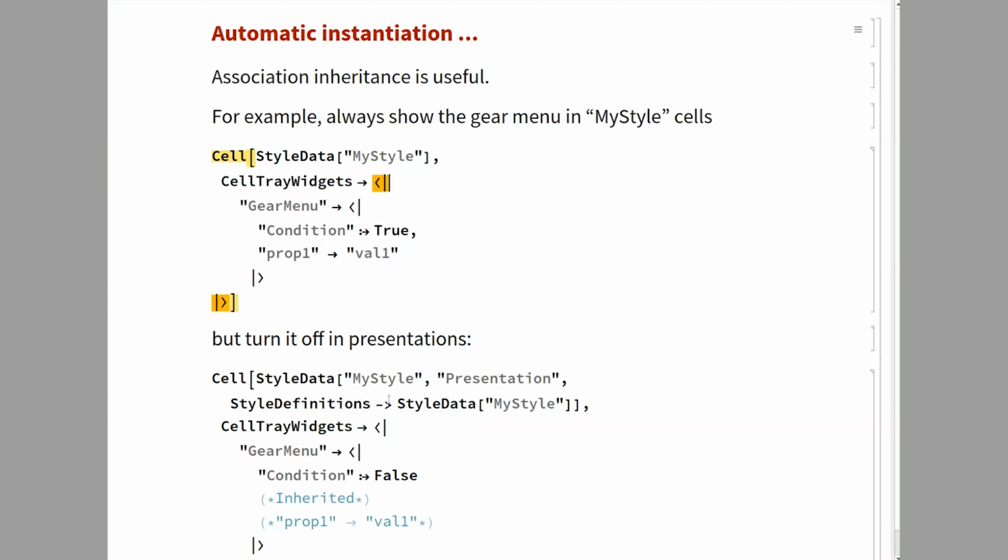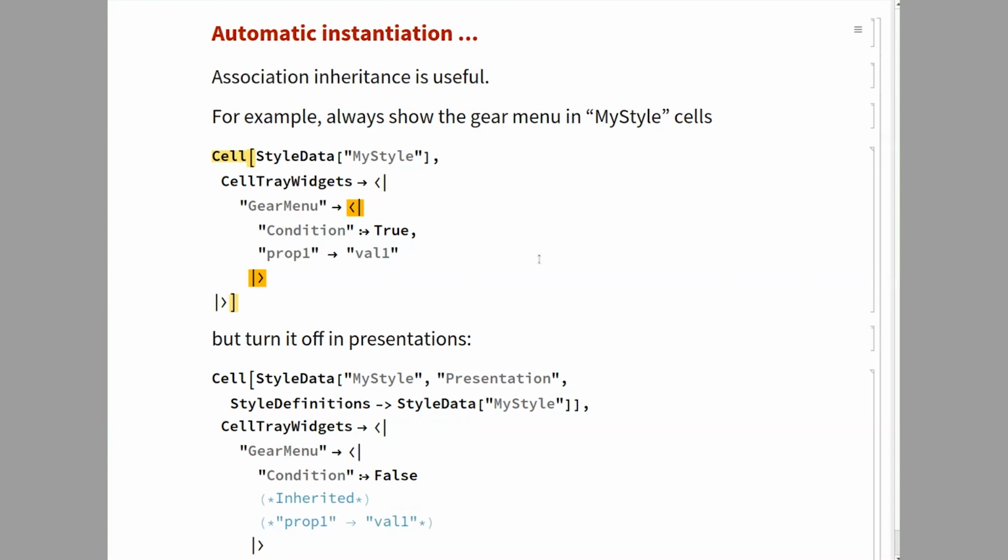And that lets you use this condition to say, for my base notebook, all the output cells will have a gear menu, but maybe in the presentation view, I want all of my gear menu widgets to turn off, for example. So that's one paradigm for this automatic loading and unloading of widgets that's pretty useful.